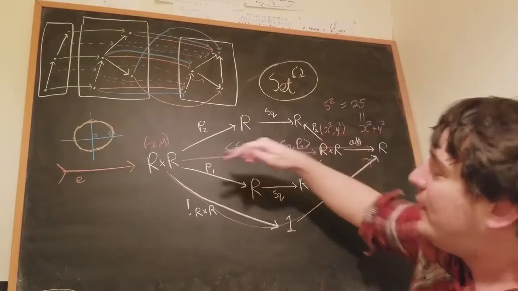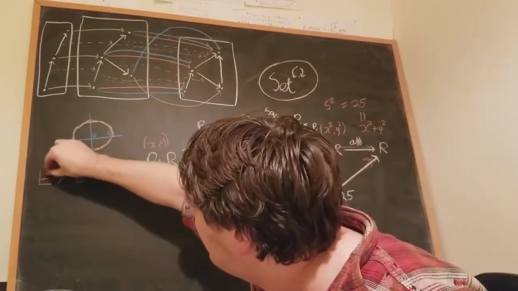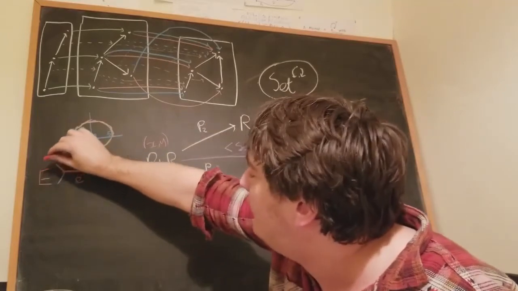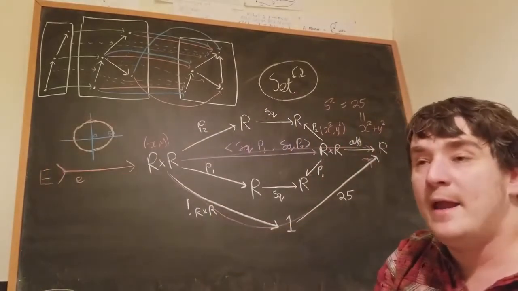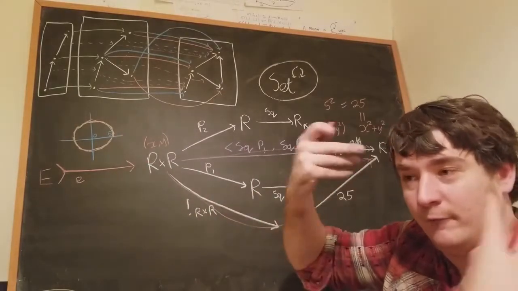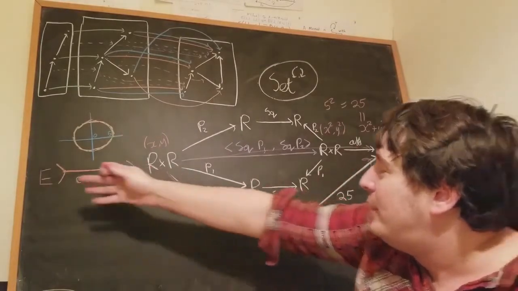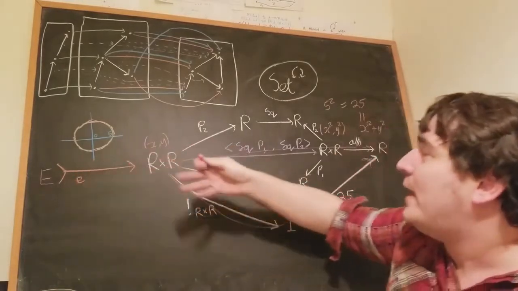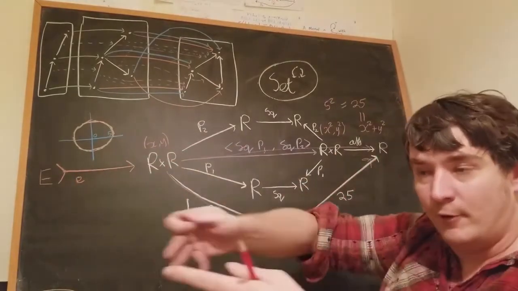So this e here, we could think of as the set of pairs x, y, which are reals, such that x squared plus y squared is 5 squared, and this e here we could take to be the inclusion function.